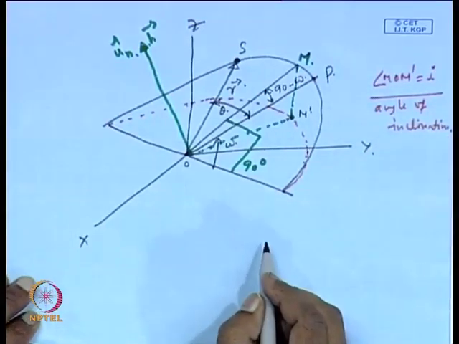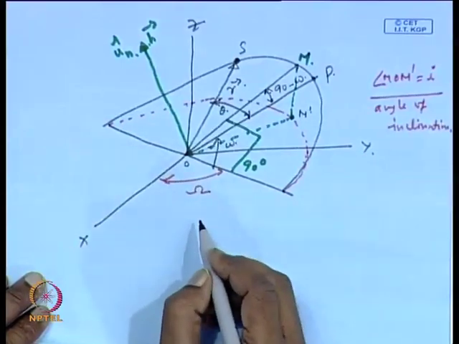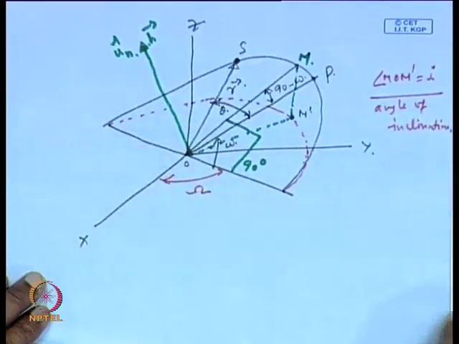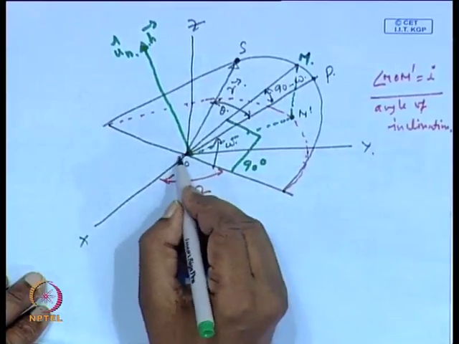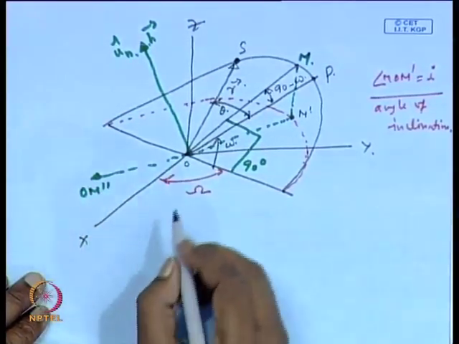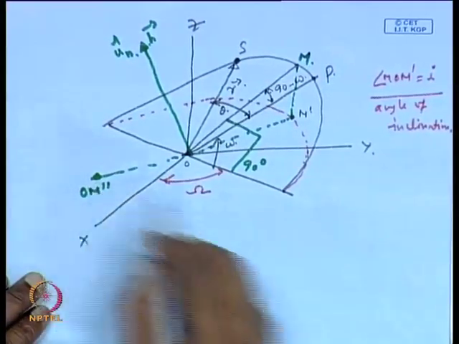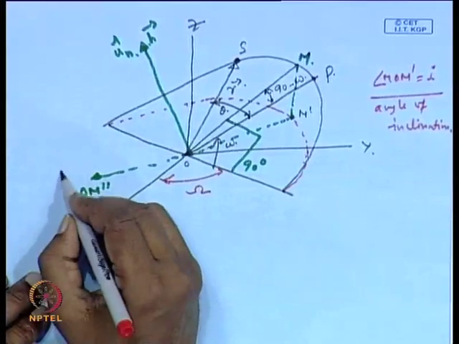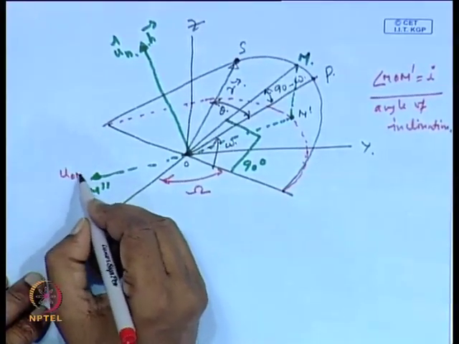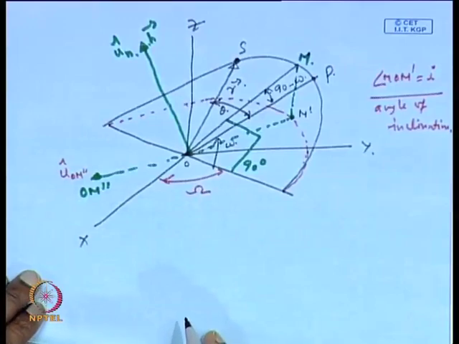This angle from here to here is capital omega. Opposite to the O M vector we extend here and write O M double prime, and the unit vector in this direction we show as u O M double prime cap.